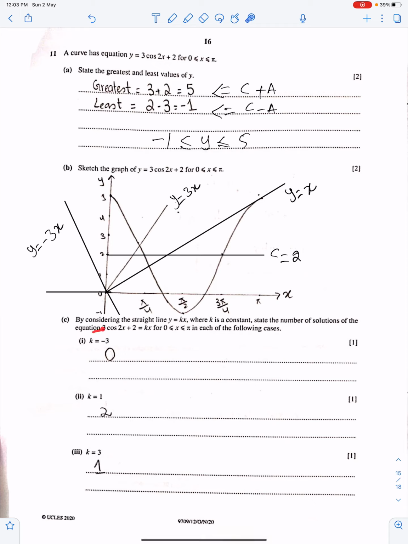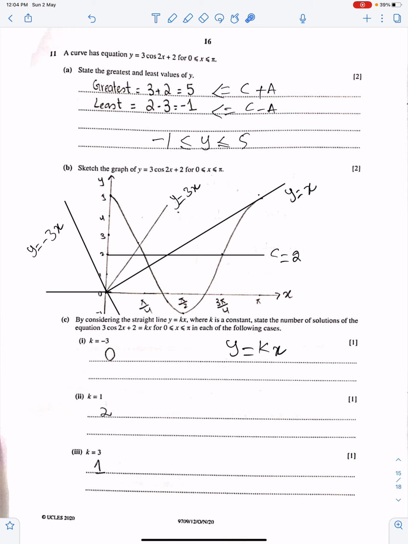Well, by considering the straight line y is equal to kx, where k is a constant, state the number of solutions of the equation y is equal to kx, because this thing is y. So we have to state the equation for kx, for these values of k. So in part 1, k is minus 3.